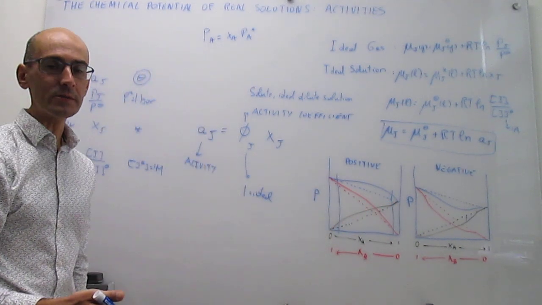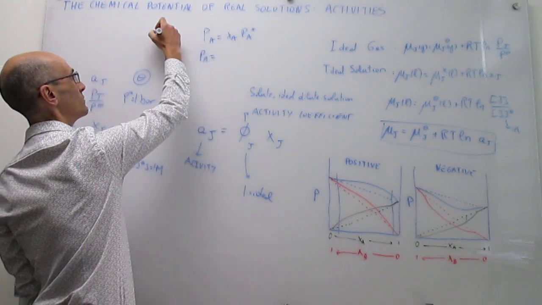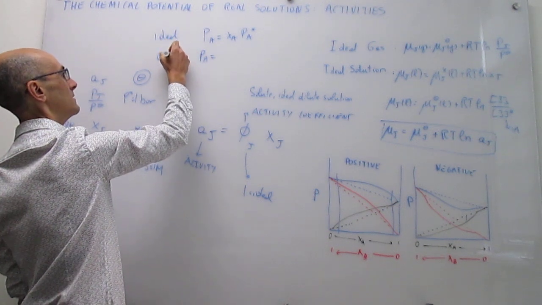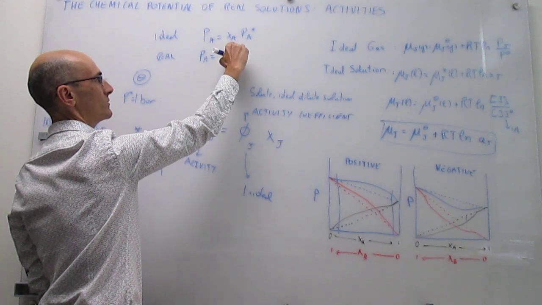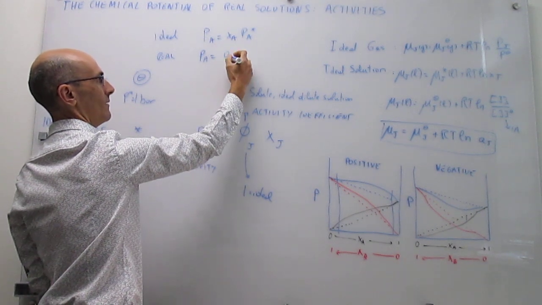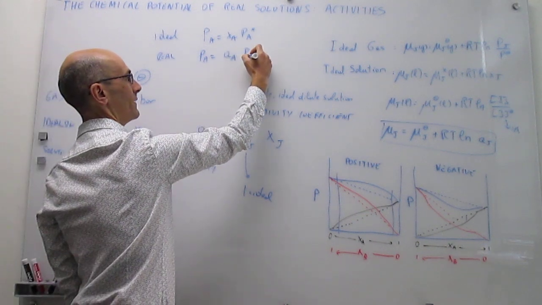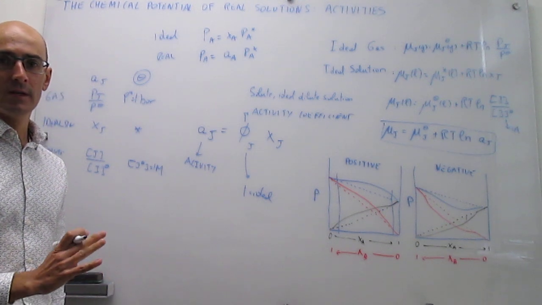Well, the way that you actually do this is fairly simple. The only thing that you do is say, for a real solution, this will be the ideal case, and this is the real case. You're simply going to replace that measure of concentration, X of A, by the activity, which is an effective measure of concentration, but then the law is going to be as it was, right? So no changes whatsoever.